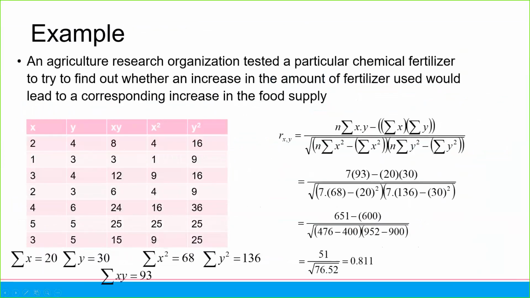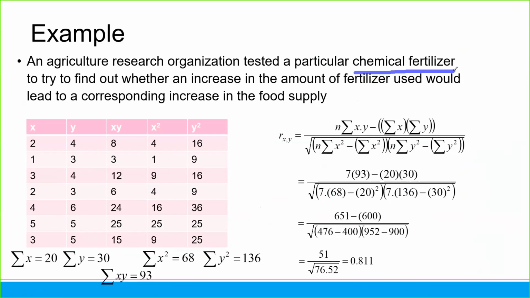I give you an example. There is one agriculture research organization. They are testing a particular chemical fertilizer to try to find out whether an increase in the amount of fertilizer used would lead to a corresponding increase in the food supply. I don't know what is the Korean of chemical fertilizer.